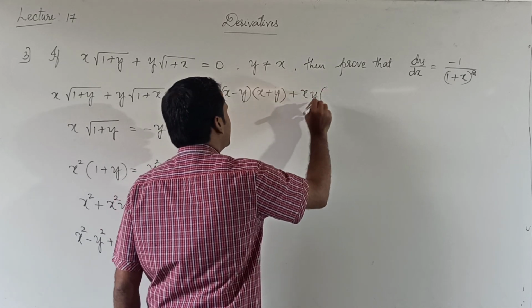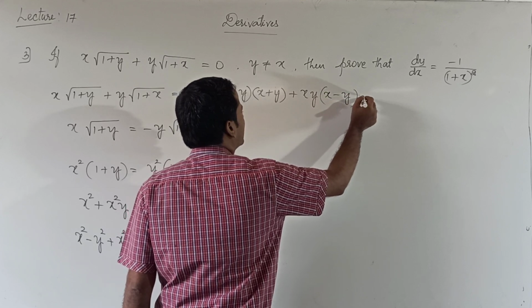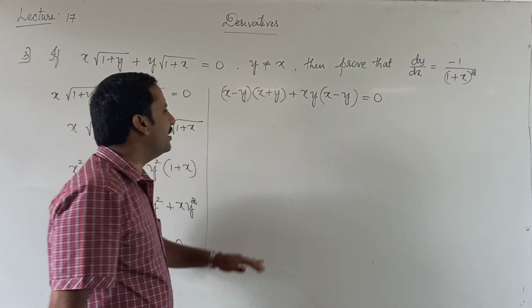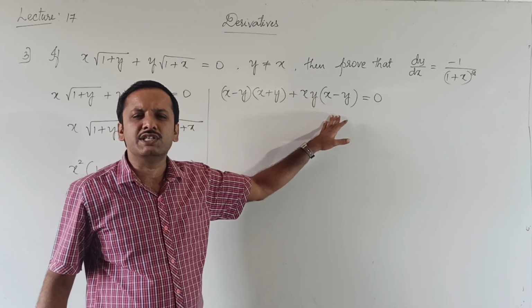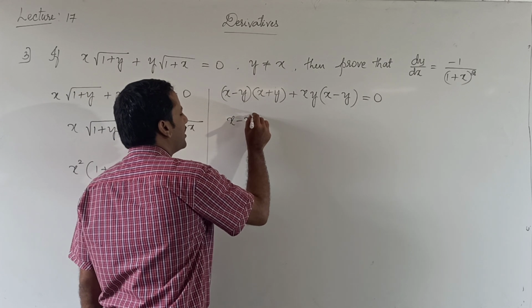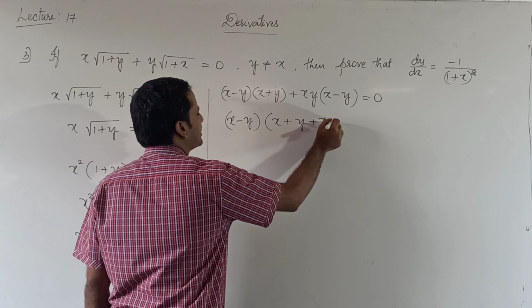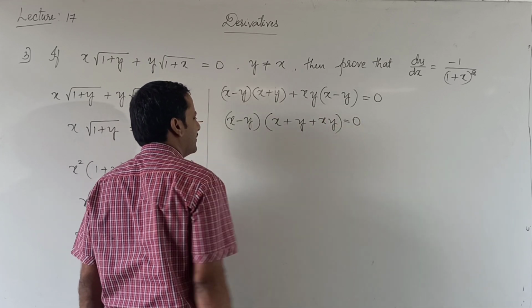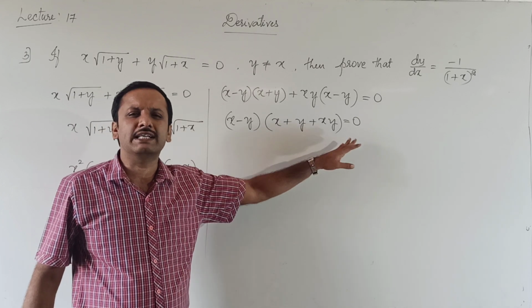So if I take x into y as common, then what will remain? x - y is equal to 0. Now between these two terms, there is a common factor which is x - y. I will take that out. So if I take x - y out, what will remain then? (x + y + xy) is equal to 0. Okay. Now this product is 0. Product of these two factors is 0.